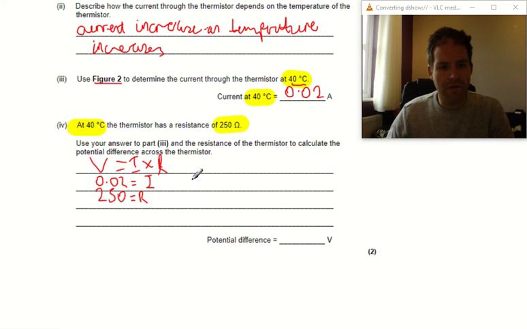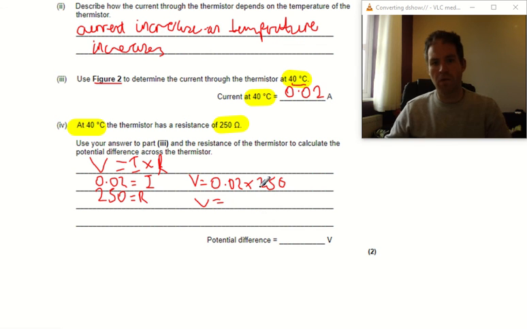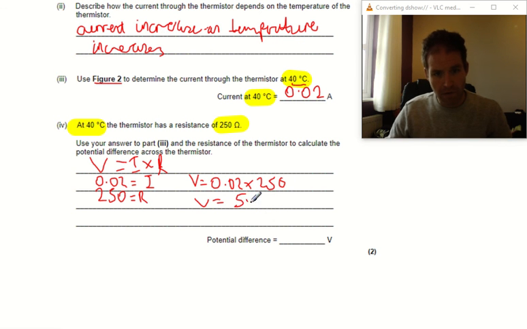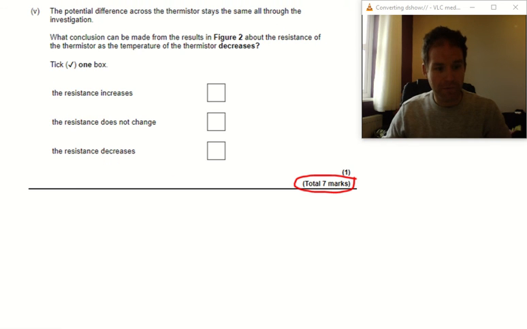So then our answer, V equals 0.02 times 250, which equals 5 volts. So our answer here is 5 volts.